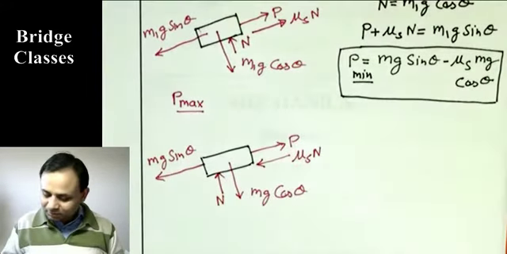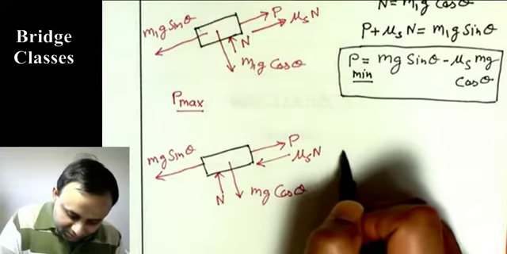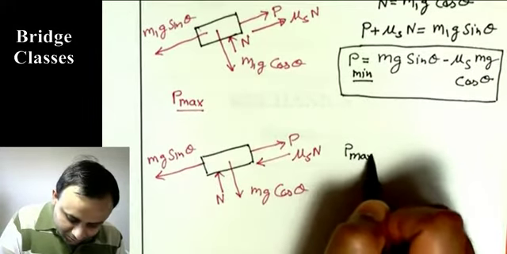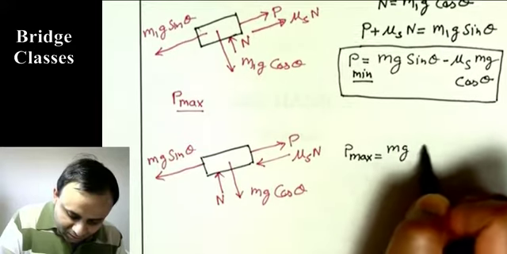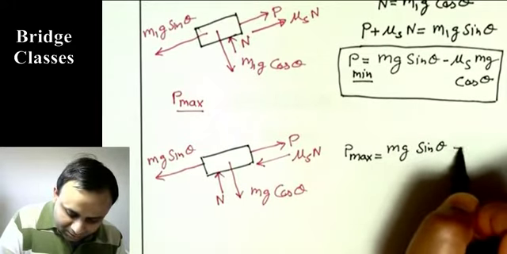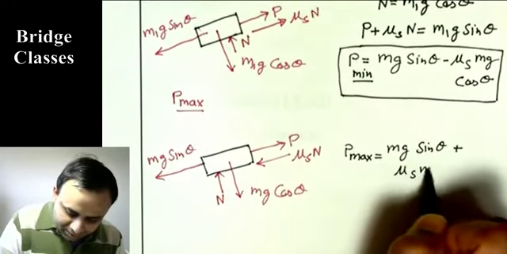Okay, so when you do balance on this, just like we did for the first case, you'll get P max equals mg sin theta plus mu s mg cos theta.